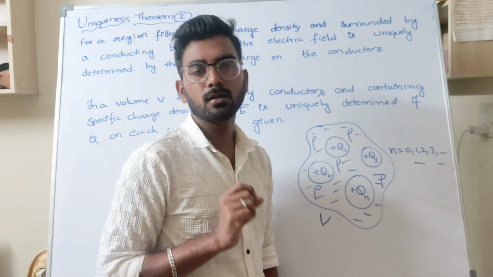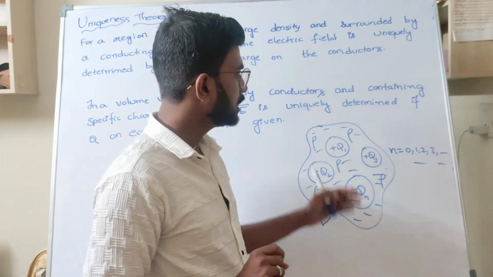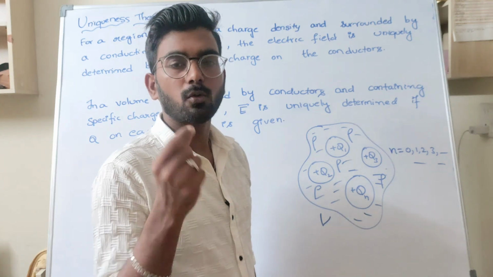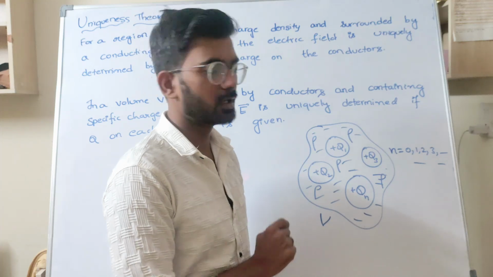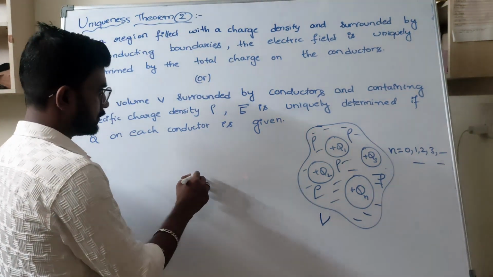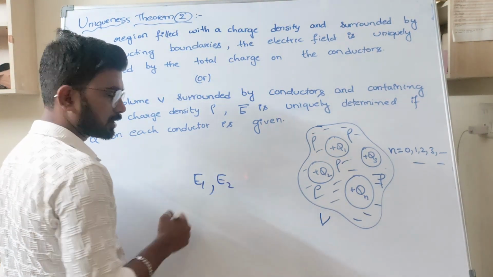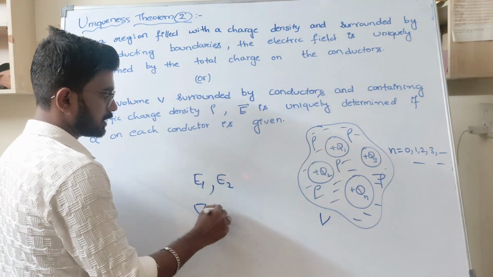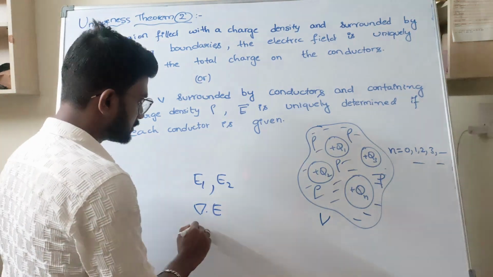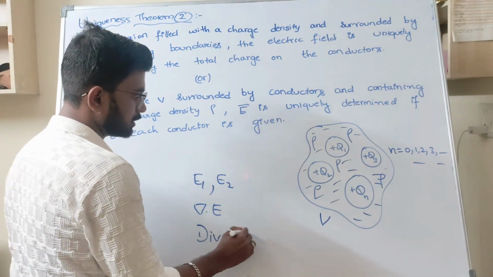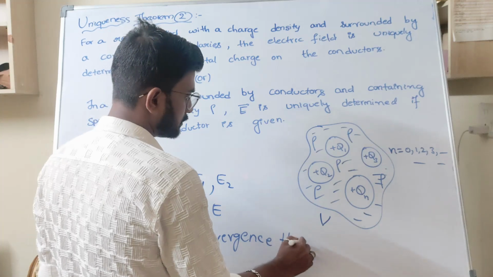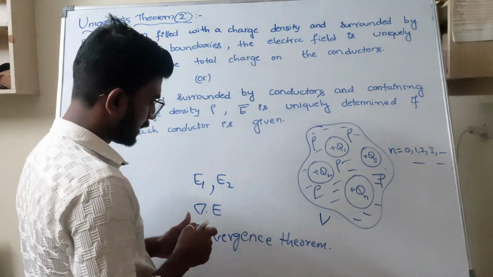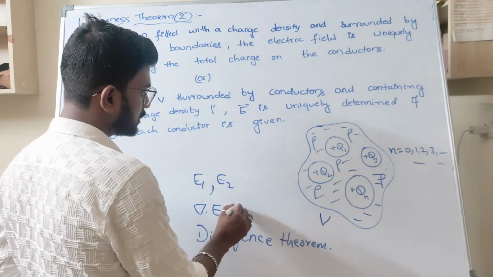You will get one electric field value, because if you take two electric fields, E1 and E2, I can prove they are equal. I apply Gauss law and the divergence theorem. What is the formula for Gauss law?